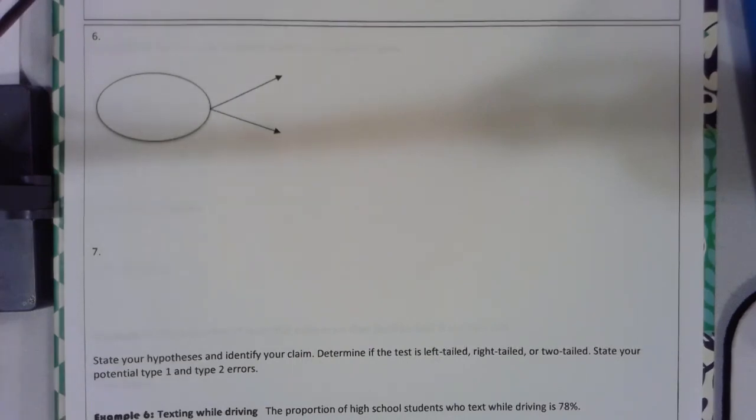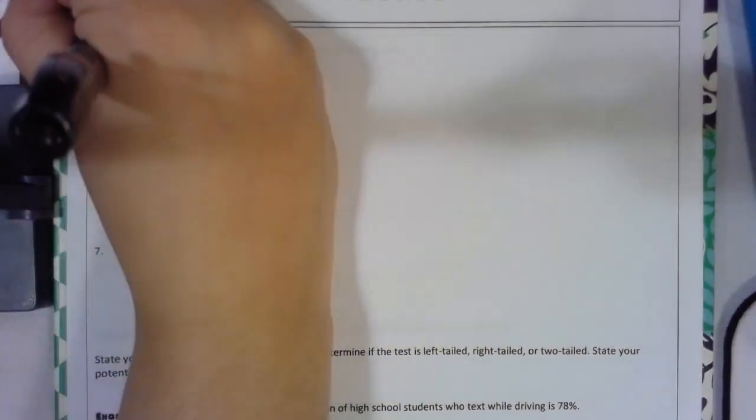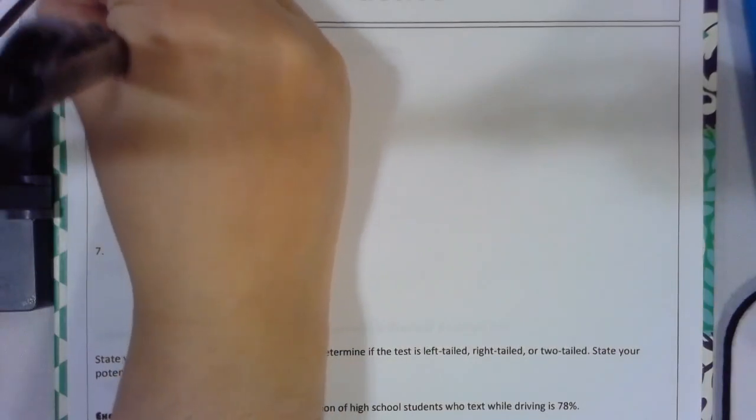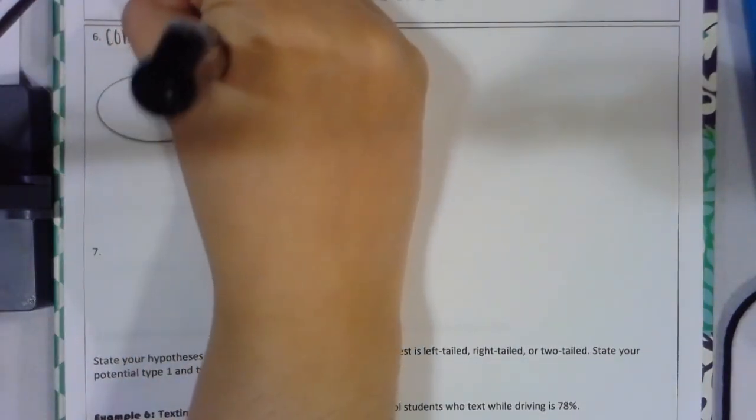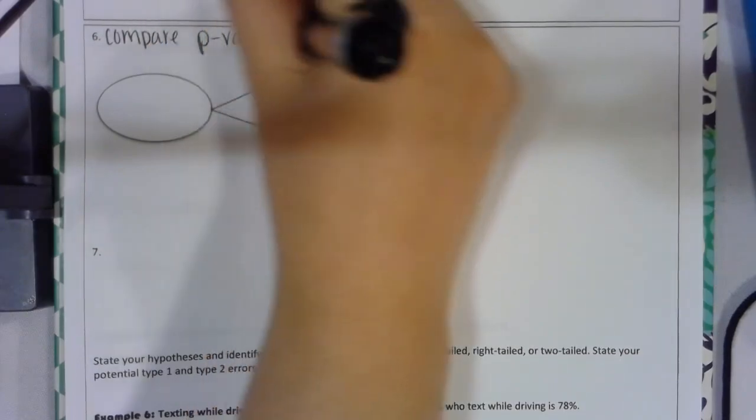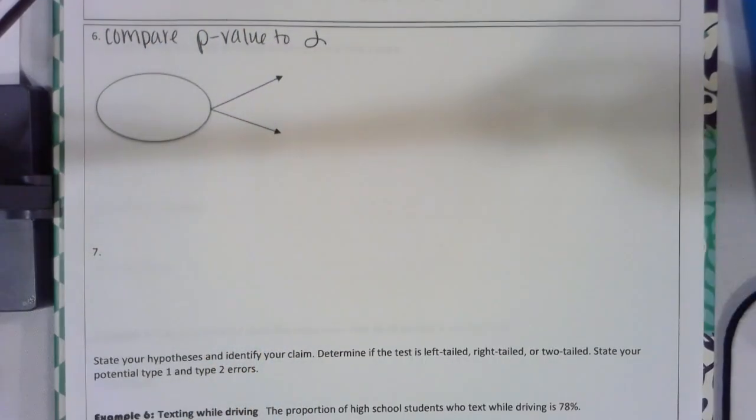Alright. Oh, we only got to 5 and we're still at 7. Oh yeah. Okay. So step 6 is compare your p-value to your significance level alpha.